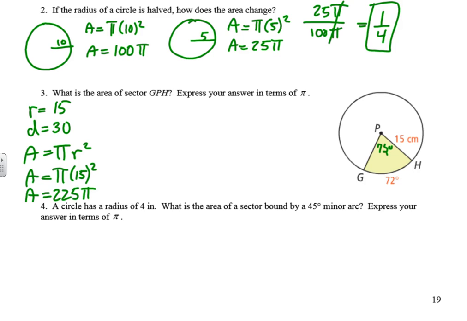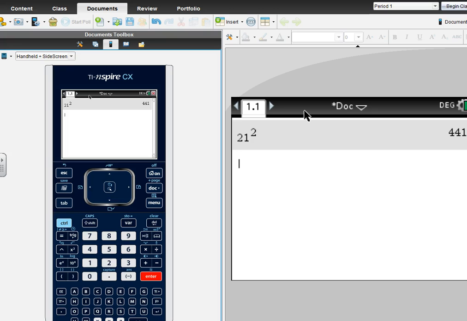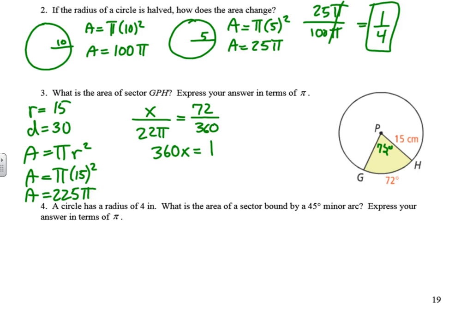The area of our sector, I'm going to call it x, over the total area equals the angle over 360. Now we cross multiply. We get 360x, and I'm going to multiply 72 times 22. 72 times 22 is 1,584, so 1,584 pi.